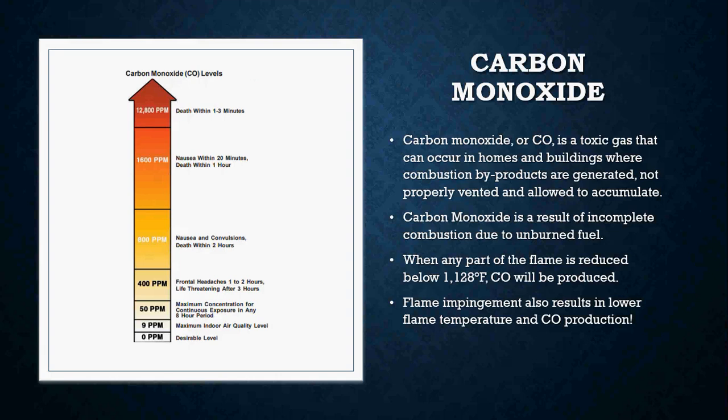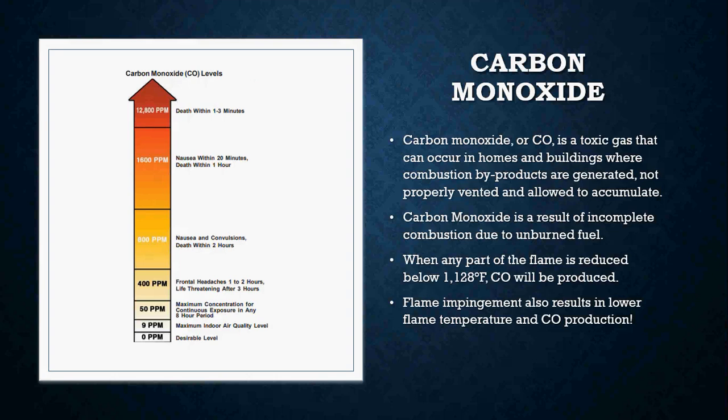0 parts per million is the desired level. 9 parts per million is the maximum permissible indoor air quality level. 50 parts per million is the maximum concentration for continuous exposure in any 8-hour period. At 400 parts per million, you're going to have headaches after 1 or 2 hours of exposure.